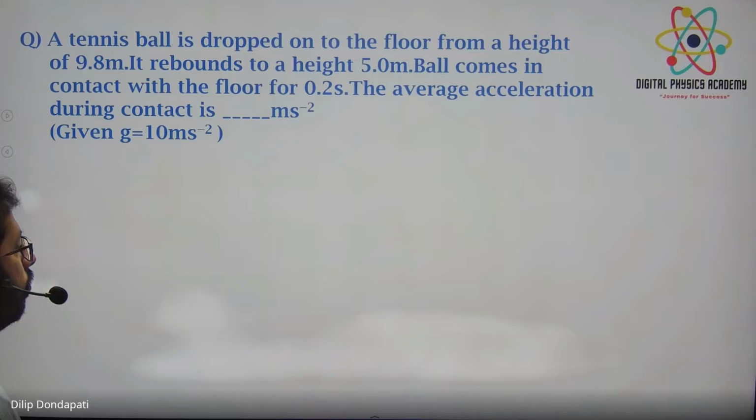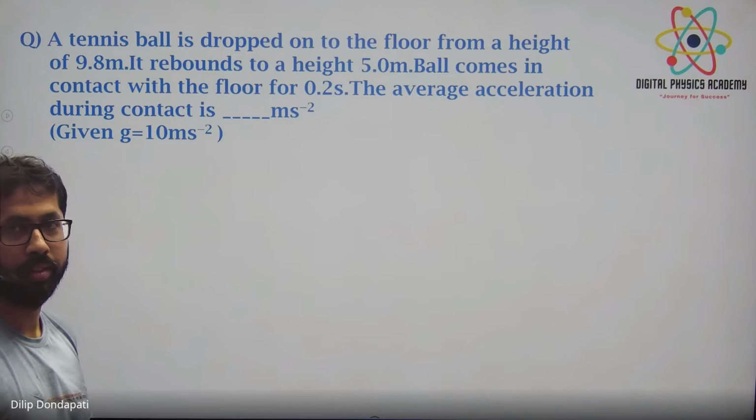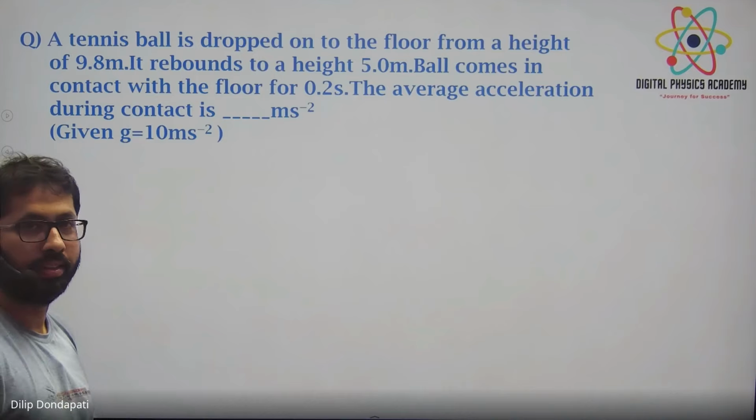So I have a doubt, sir. Hmm. Sir, in the first case, when the height is 9.8, u is 0. However, if we take the 5 meters, v will be 0, right? V will be 0, yeah, because it's at maximum height.